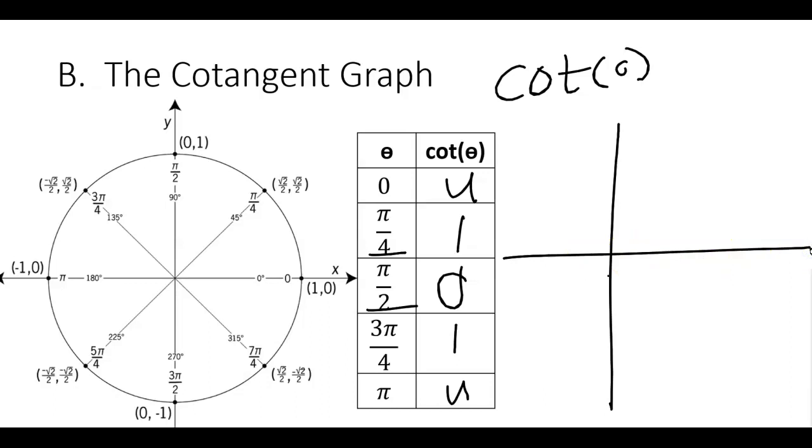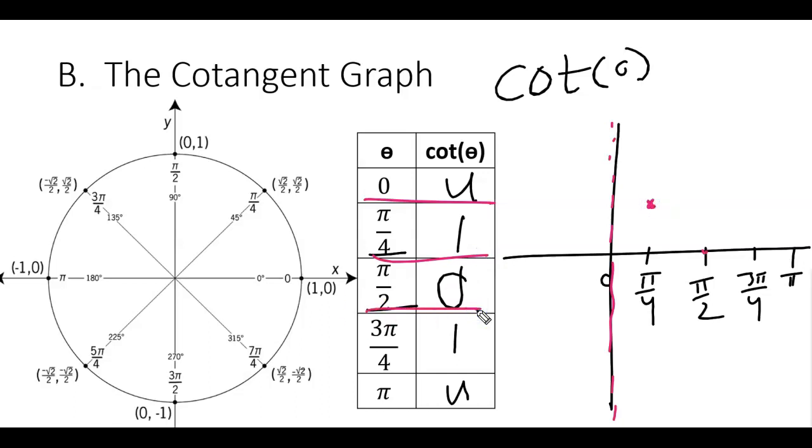So my angles are 0, pi over 4, pi over 2, 3 pi over 4, and then pi. We have a vertical asymptote at 0 because that's undefined for cotangent. At pi over 4, it's up at 1.